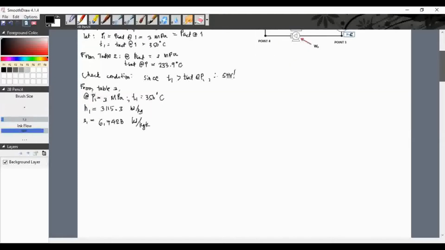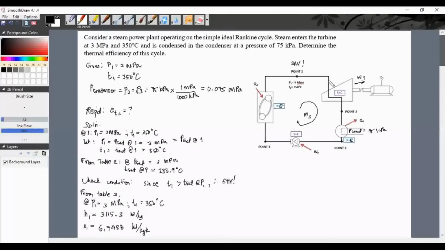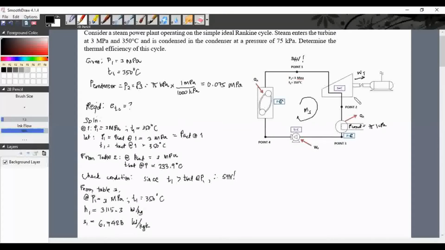Then, proceed tayo at point 2. So, ano ang masasabi natin at point 2? At point 2, di ba, meron tayong turbina, isentropic system natin. So, masasabi natin na S1 is equal to S2. So, yung nakuha natin value ng S sa point 1 equal lang sa value ng S sa point 2.